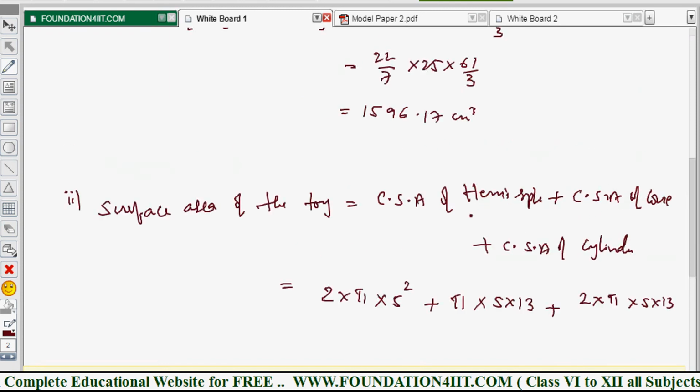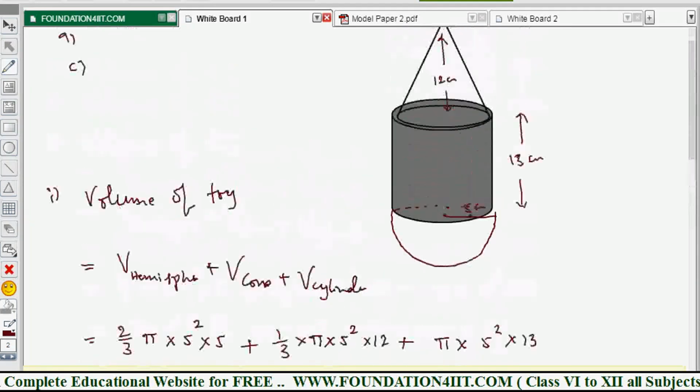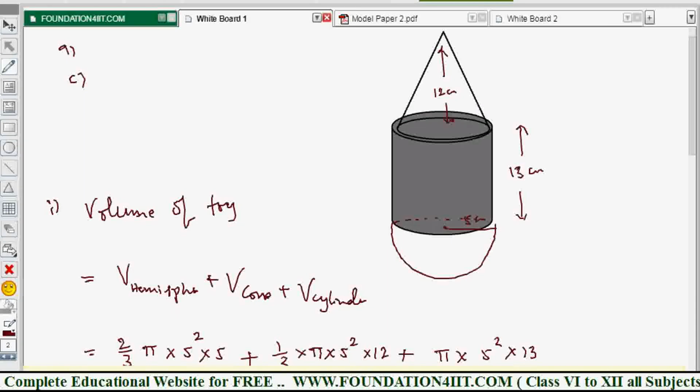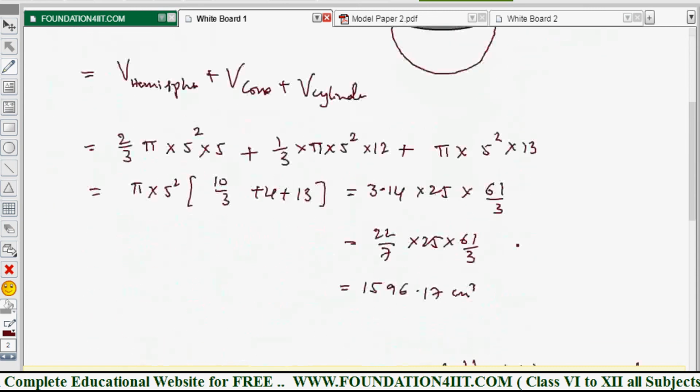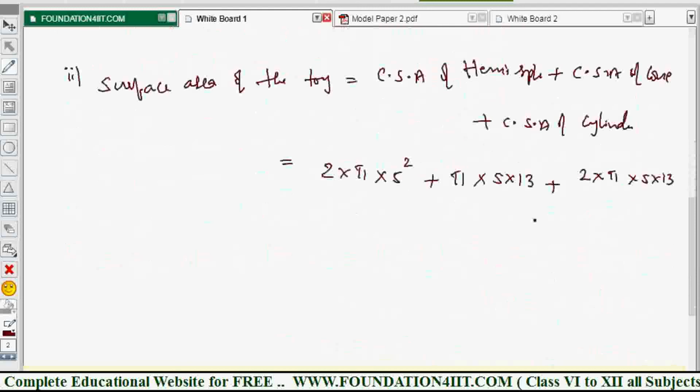So here the L value, this is one step you can find. If the radius is 5 centimeters, this is the slant height. That means L is equal to square root of 12 square plus 5 square. So that will get 13. So I just wrote directly here. Only the formulas you need to remember, and then carefully substitute and simplify.